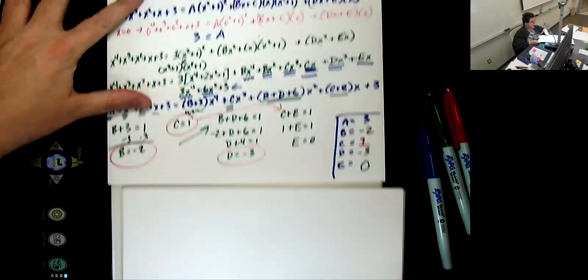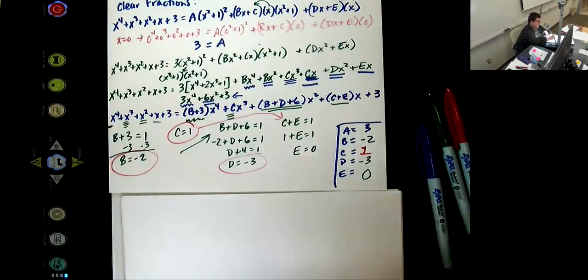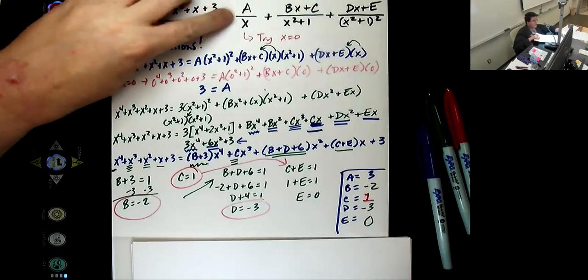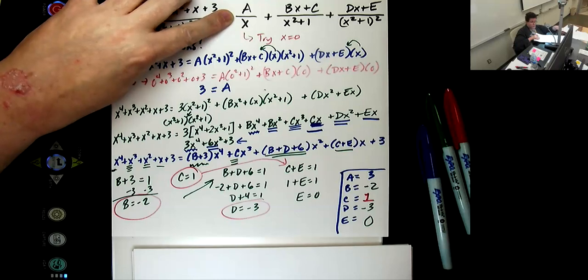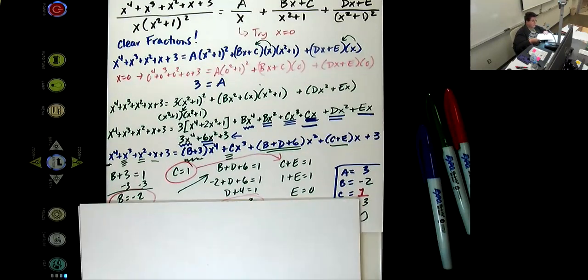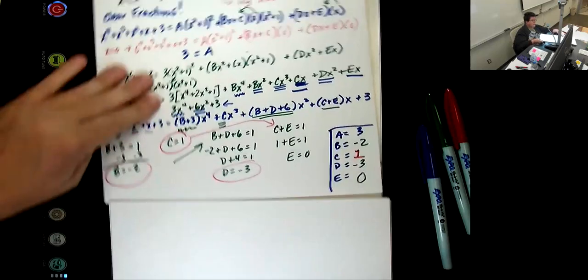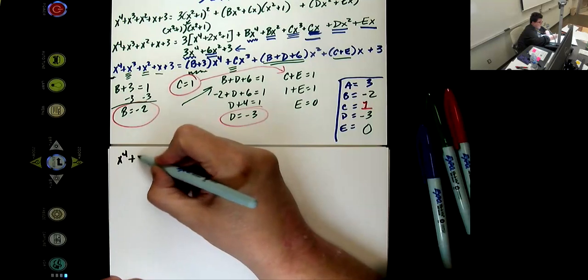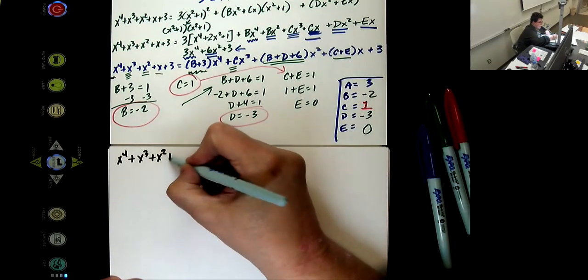So we got to put it all together. Because we have that fraction up here. We got to plug in our A, B, C, D, and E. So that's what we're going to do now. I'll rewrite it real quick because it's off the page.